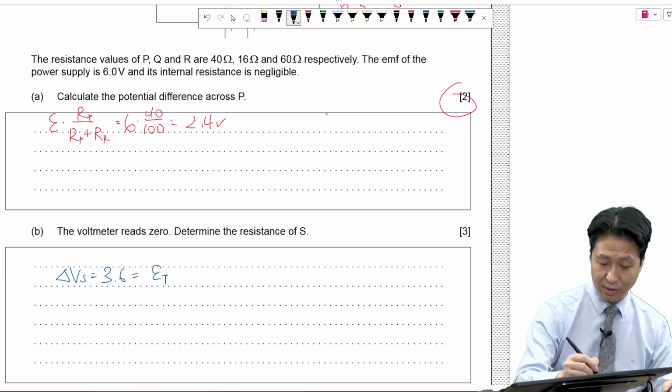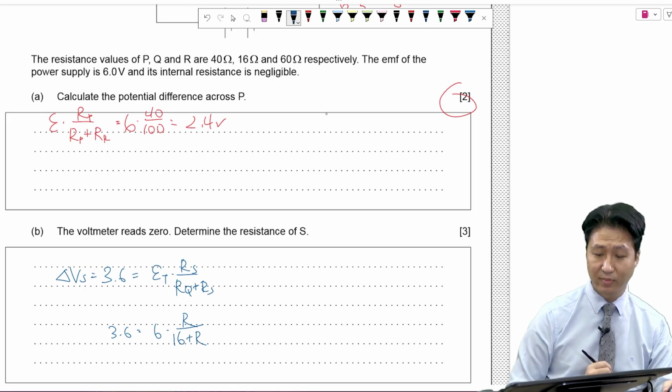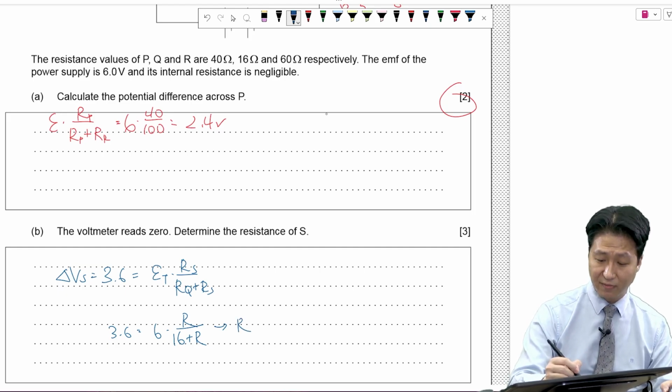So it's the total EMF times the resistance of S over the resistance of Q plus the resistance of S. It's 3.6 is 6 volts times whatever resistance S has divided by 16 plus R. This becomes just a simple algebraic problem. The resistance should be about 24 ohms.